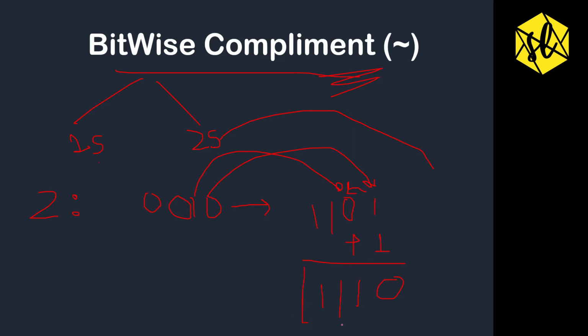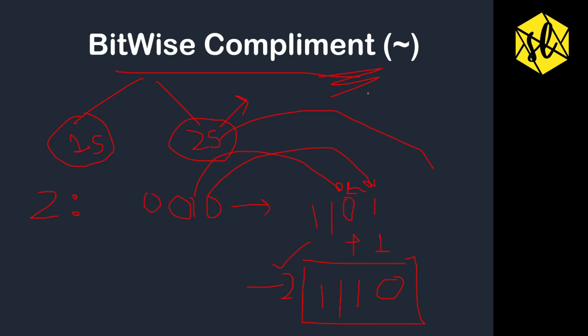This one is the negative of 2. So before the invention of 2's complement, computer systems used 1's complement, and after a flaw was found in 1's complement, 2's complement was introduced, and now 2's complement is used for the general representation of negative numbers.